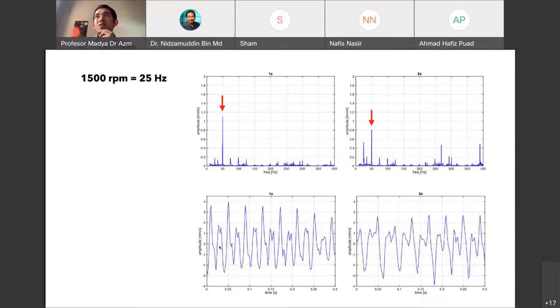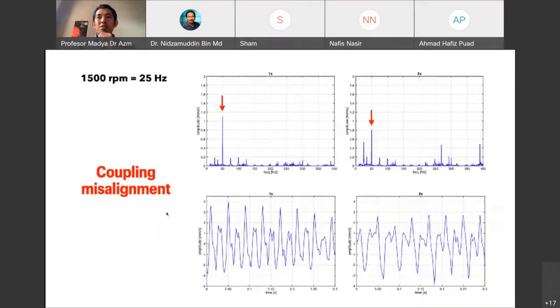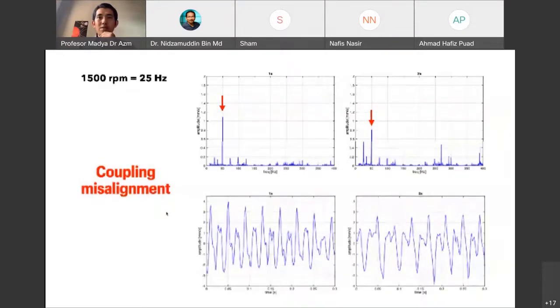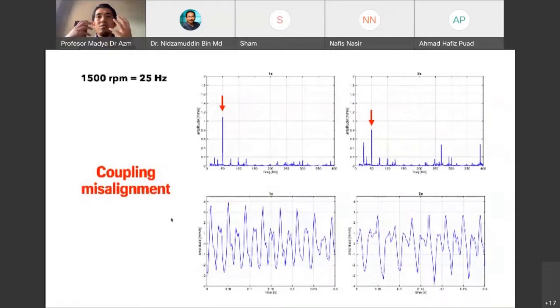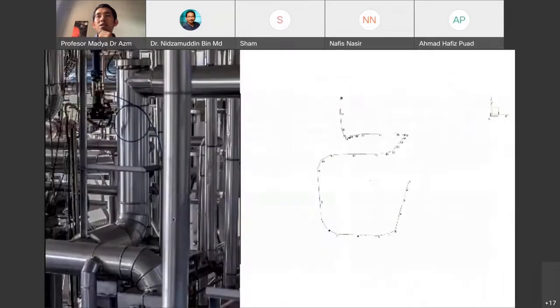Also we have here an M-W kind of signal, meaning we have a component at the first frequency and the second frequency. So this is also an indication of misalignment. So we took the conclusion at the time that it was coupling misalignment. Okay, so this is an example of also the same one.